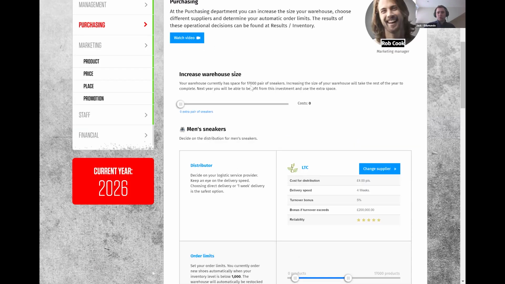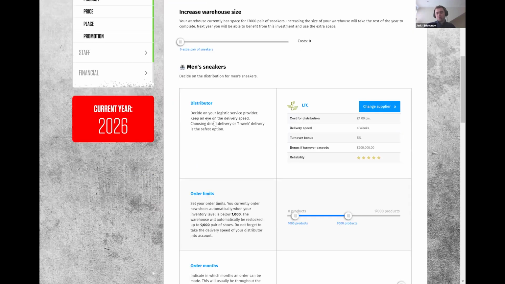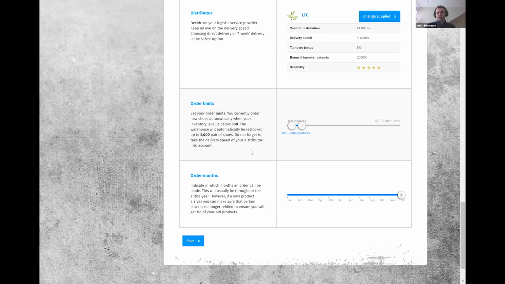Firstly, you may also want to consider increasing your warehouse size. Maybe your warehouse is too small compared to the demand you're experiencing, or maybe you're trying to do business in multiple markets. Because again, all of these markets and all of these sales come from one warehouse.